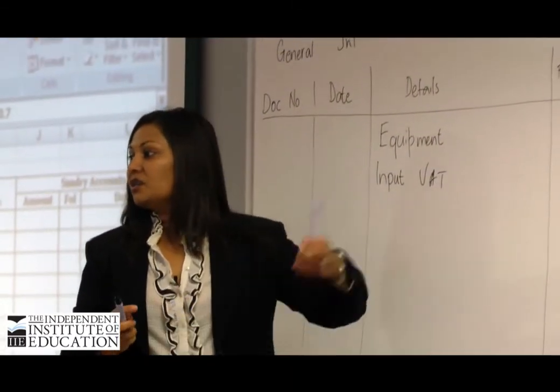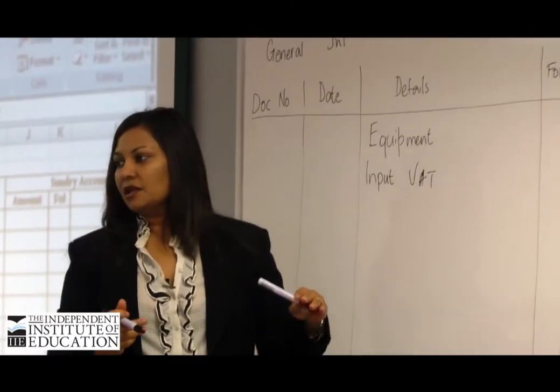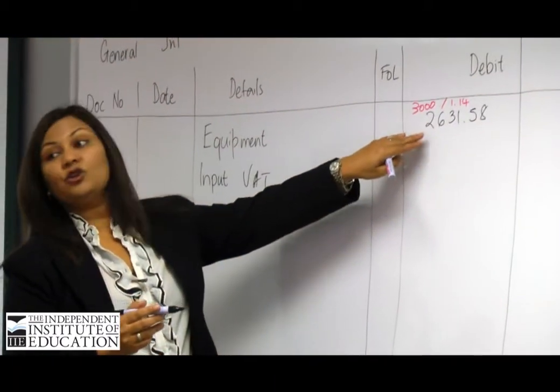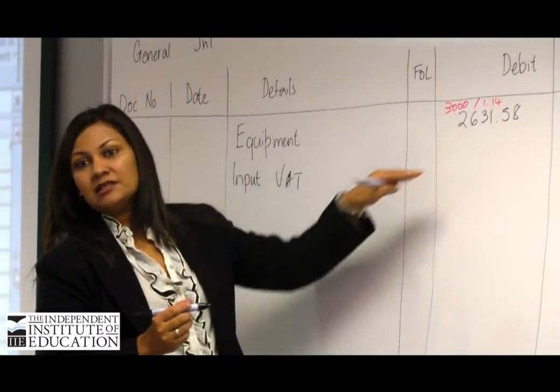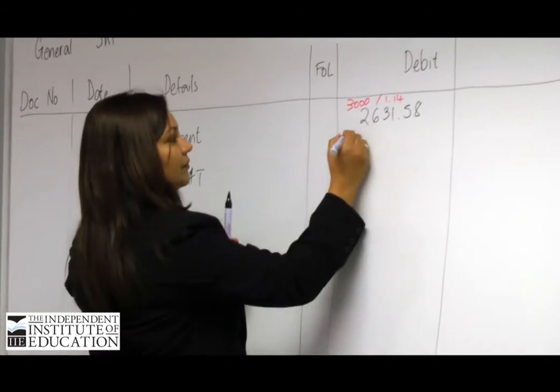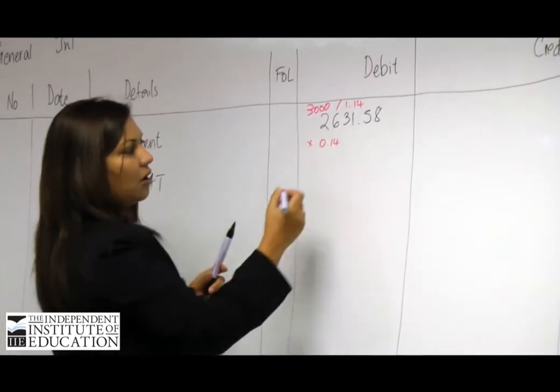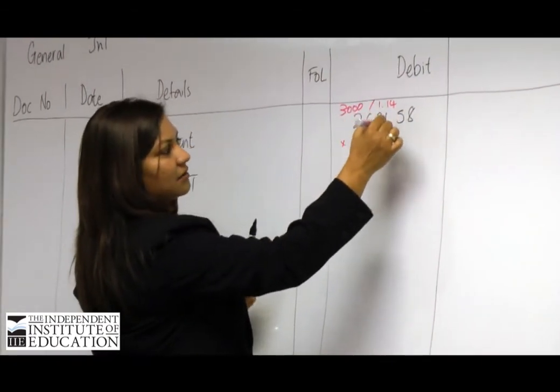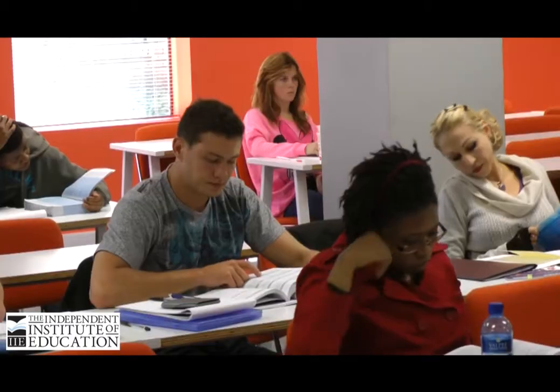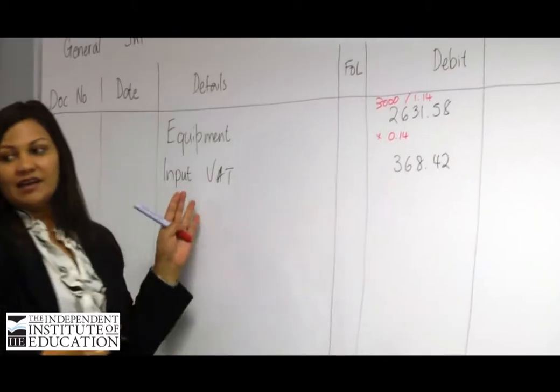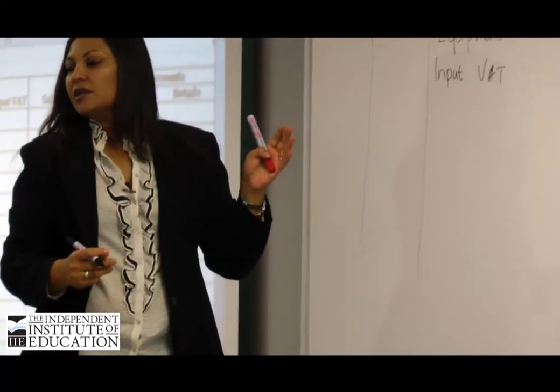So now what will the input VAT be? You could say that amount times 0.14, or you can say 3,000 subtract 2,631, giving us 368. Okay, so that is the VAT exclusive amount, right?